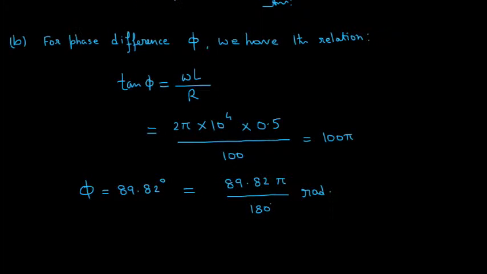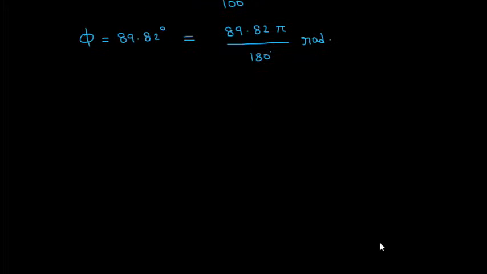Now, once it is converted into radian, we can write omega t instead of phi. So omega t is equal to 89.82 pi upon 180.